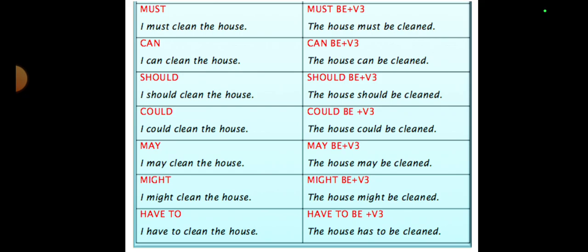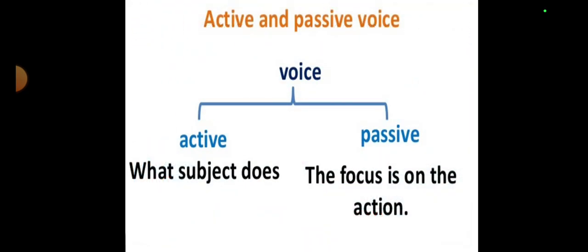Right? Now, one more thing. Always keep in mind that the active sentences always talk about what the subject does. Okay? In active sentences, our subject is always active, whereas the focus is shifted on action in the passive voice sentences. Right?